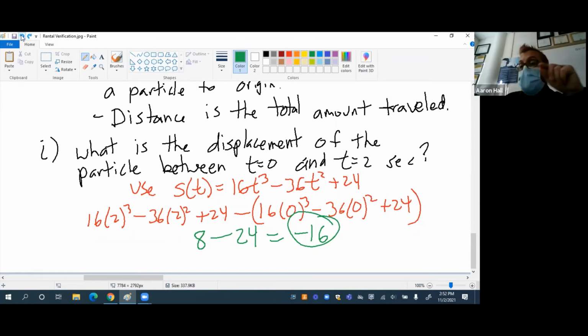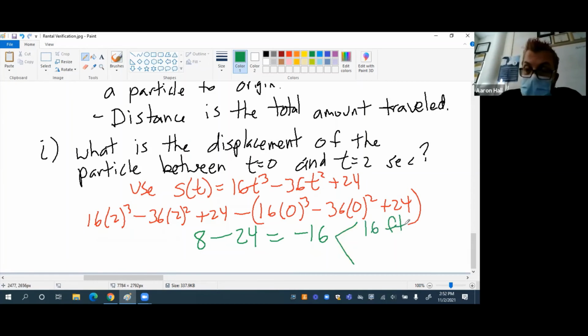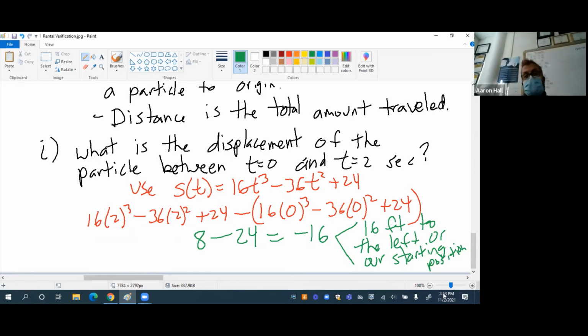It's 16 feet to the left of our starting position. What this means is 16 feet to the left of our starting position. Correct.